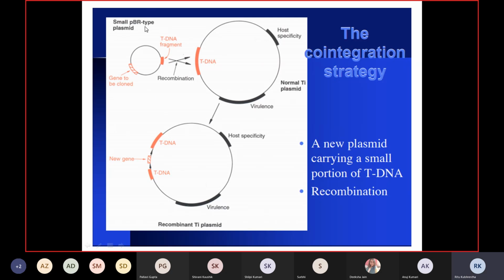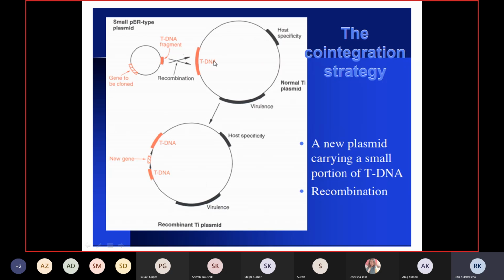So manipulation of this plasmid is very easy. Like any plasmid that you have in the lab, you introduce your gene of interest. Then the bigger plasmid, the TI plasmid, you incubate together with this one. Because there is a tDNA fragment which is homologous to the tDNA fragment on the TI plasmid, a recombination will take place.